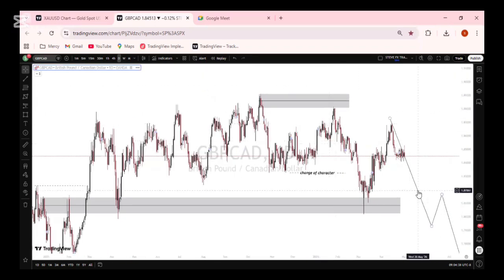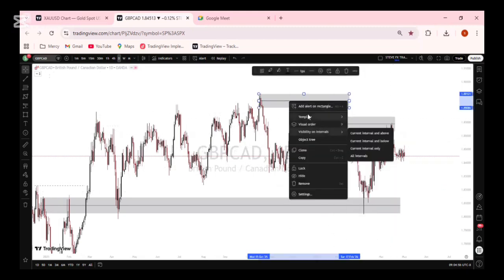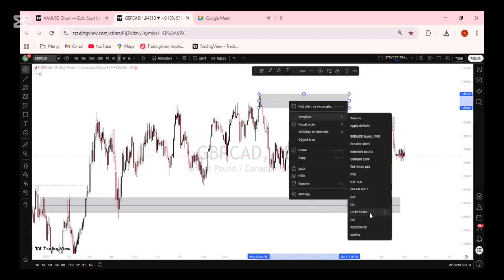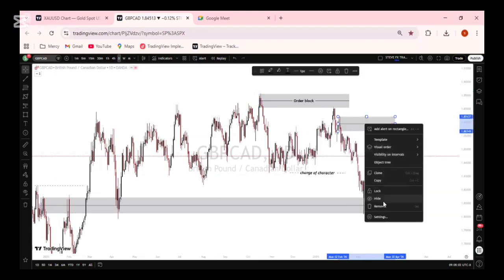And then we had a pullback to this particular point over here. And then market started reversing from there. So now all that we are looking for is our point of interest for the trade.